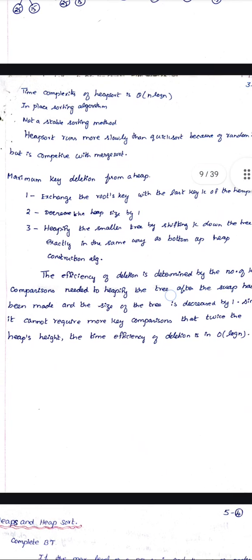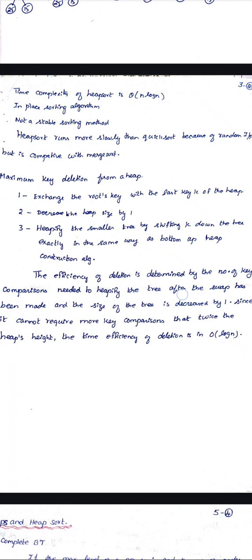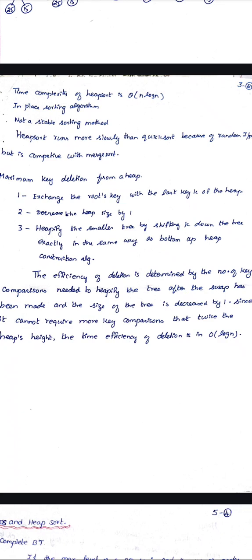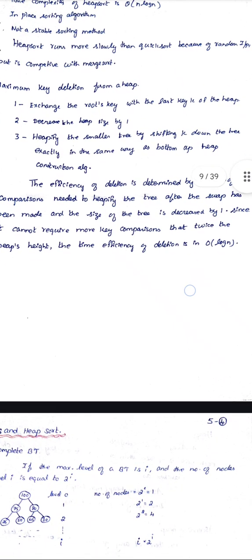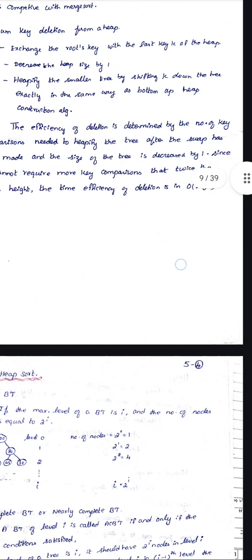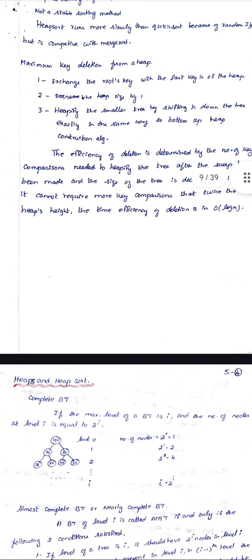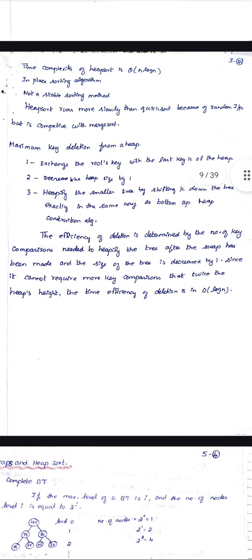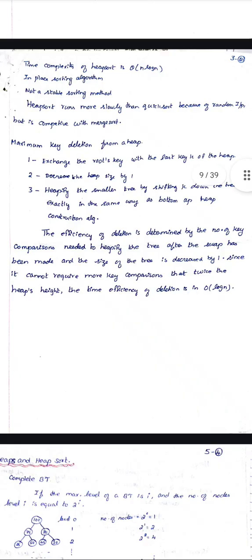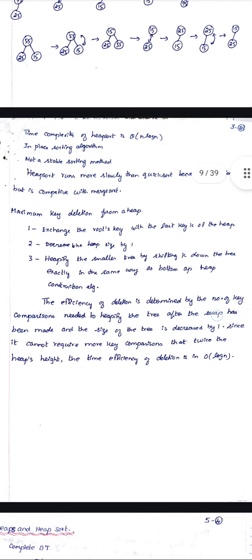Maximum key deletion from a heap. One, exchange the root's key with the last key of the heap. Two, decrease the heap size by 1. Three, heapify the smaller tree by shifting k down the tree exactly the same way as in the bottom-up heap construction. The efficiency of deletion is determined by the number of key comparisons needed to heapify the tree after the swap has been made and the size of the tree is decreased by 1.